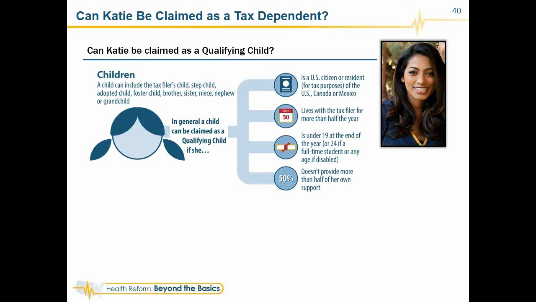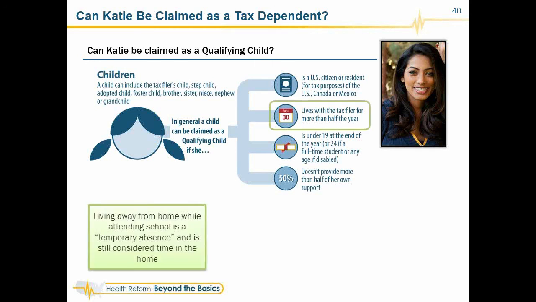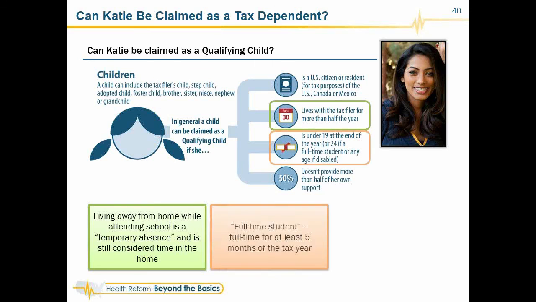So Katie is their child, so check that box. She's a citizen or resident of the United States. Does she live with them for more than half the year? Well, she lives away from home, but she's attending school, and so that's considered a temporary absence. So she's still considered to be living with them even though she's at school.